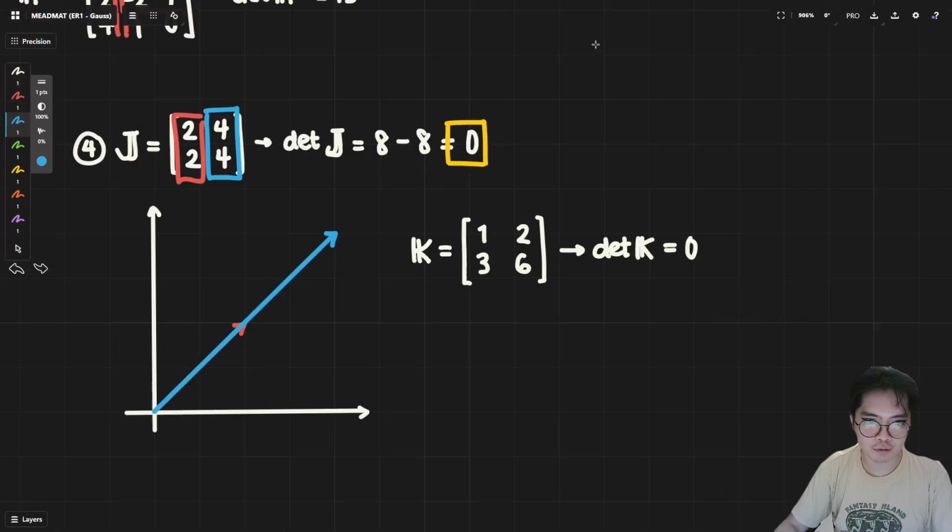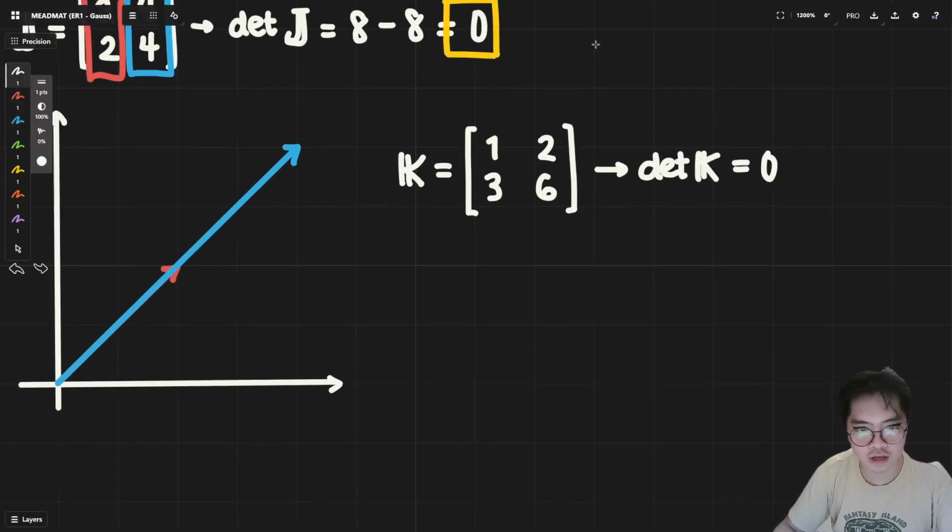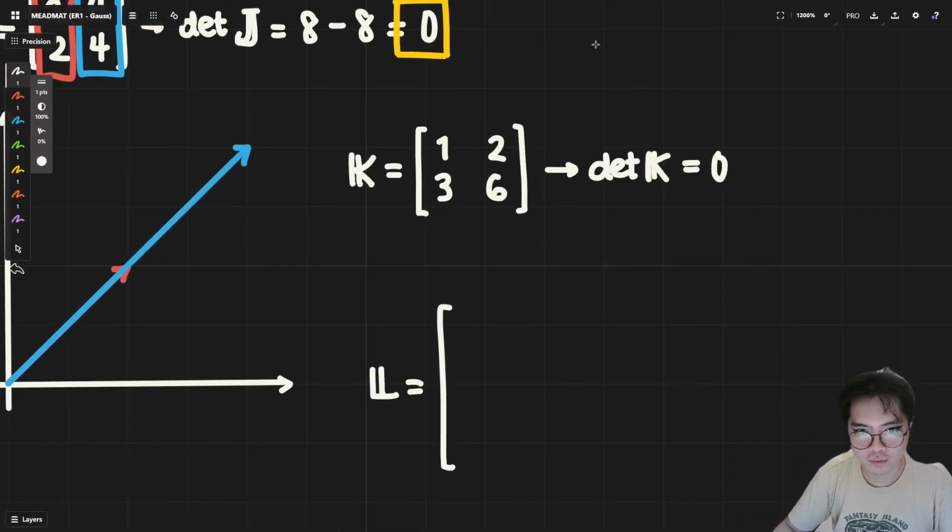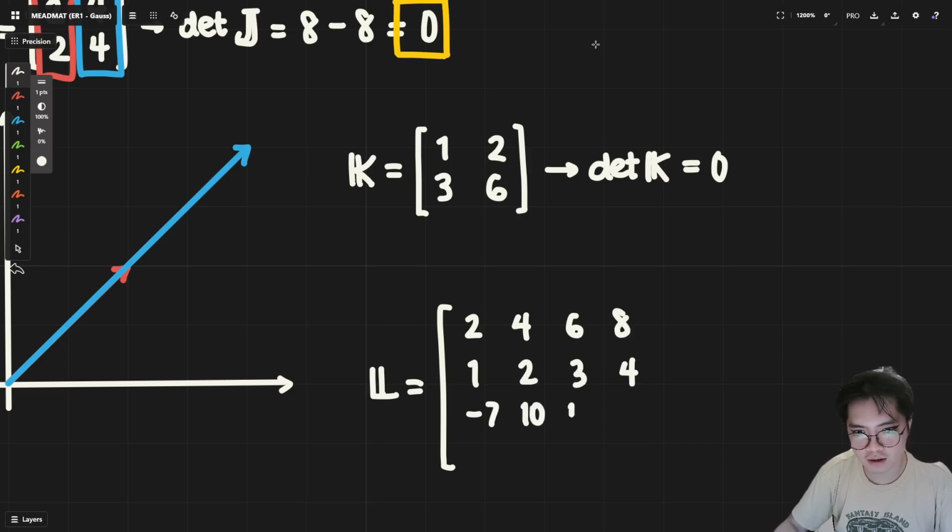Say for example something as large as matrix L, which is a 4 by 4. 2, 4, 6, 8, 1, 2, 3, 4, negative 7, 10, 115, 4, and I don't know, pi, e, pi raised to e, e raised to pi.